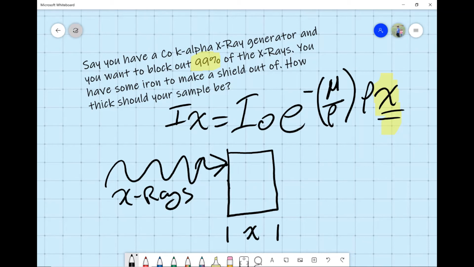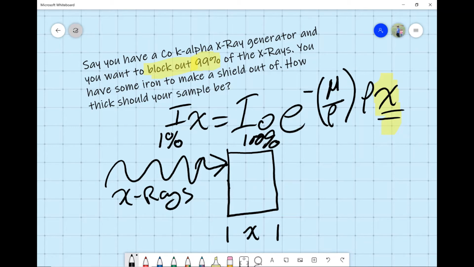So some things you want to look at. So you want to pay attention to the terminology. And so we want to block out 99% of the X-rays, which means only 1% is going to pass through. So Ix, we already know it's going to be 1%. I naught would be 100% passing through, and this is only 1% passing through.